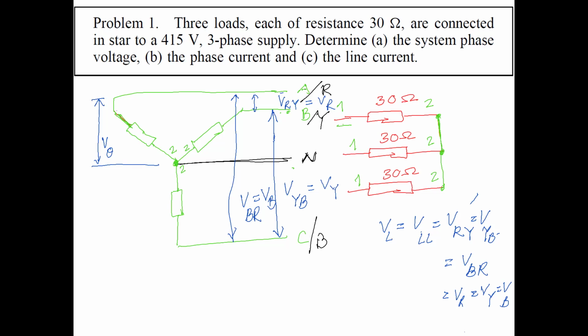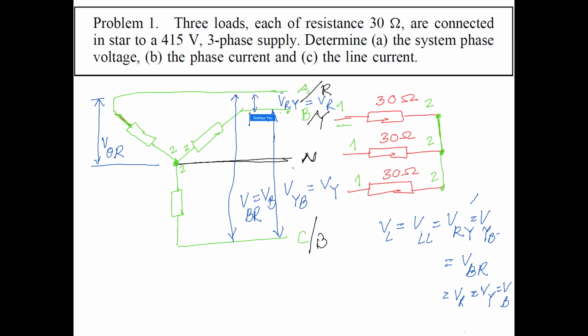So this is the phase voltage between red and the neutral. This is not significant when we are talking about a balanced system because all the quantities have the same magnitude. But whenever it is unbalanced, it will be different. So we need to identify carefully what we mean.